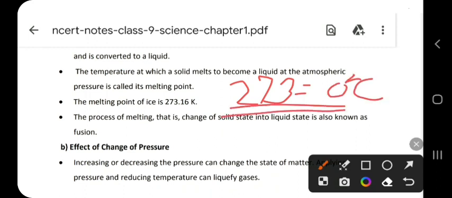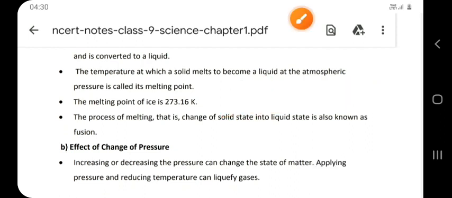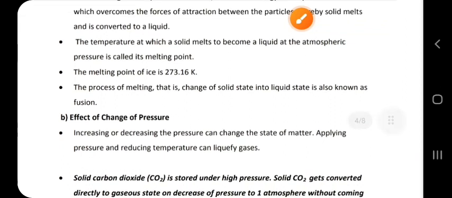We take 273 in calculation. The exact value of 0 degrees Celsius is equal to 273.16 Kelvin. The process of melting, that is the changing of solid state into liquid state, is known as fusion.